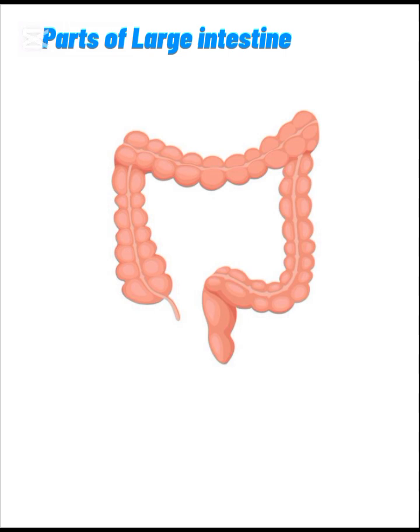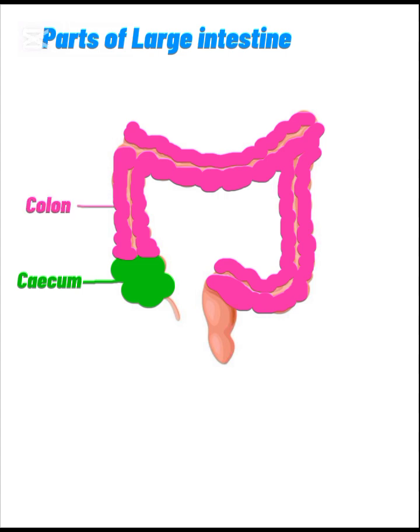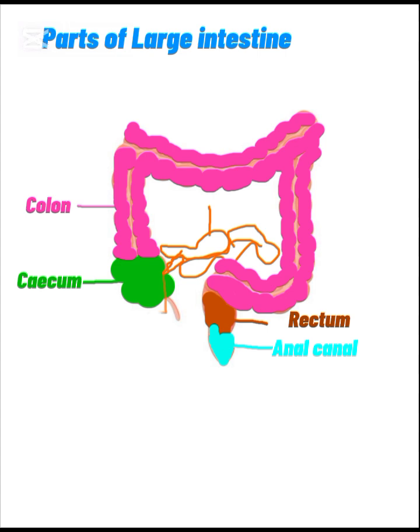The large intestine is divided into four parts that are cecum, colon, rectum and anal canal. Cecum is the first part of the large intestine and it is a dilated region that receives content from the ileum, that is the last part of the small intestine, at the ileocecal junction.